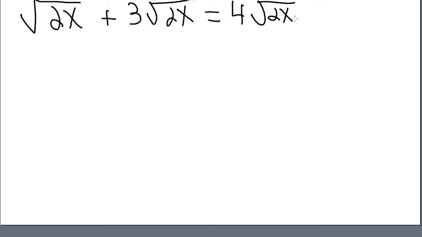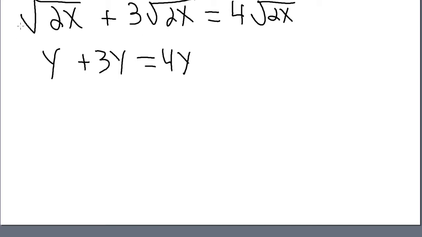Now, why does this actually work? If you treat anything inside the radical as a variable, it's a little bit easier to understand. So if I had, instead of the square root of 2x, y plus 3y, what do I get? 4y. Very simple.